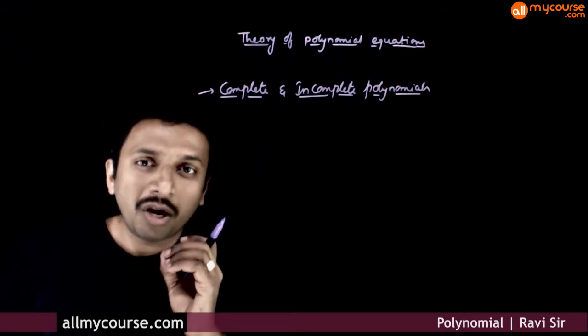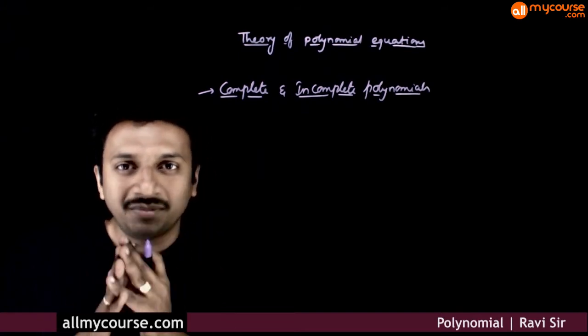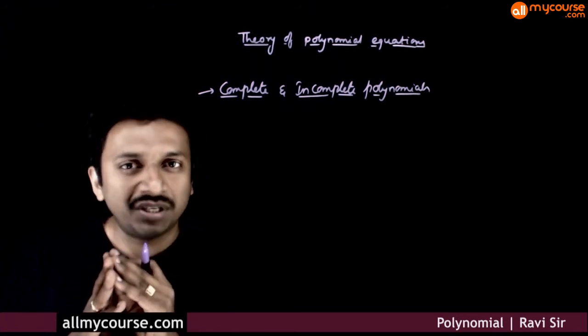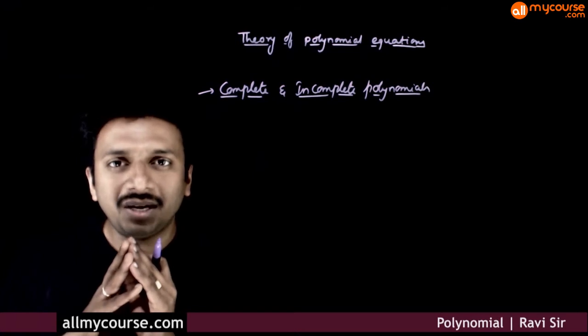So if a polynomial contains all the terms corresponding to all the powers of the variable from 0 to n, then it is called a complete polynomial.